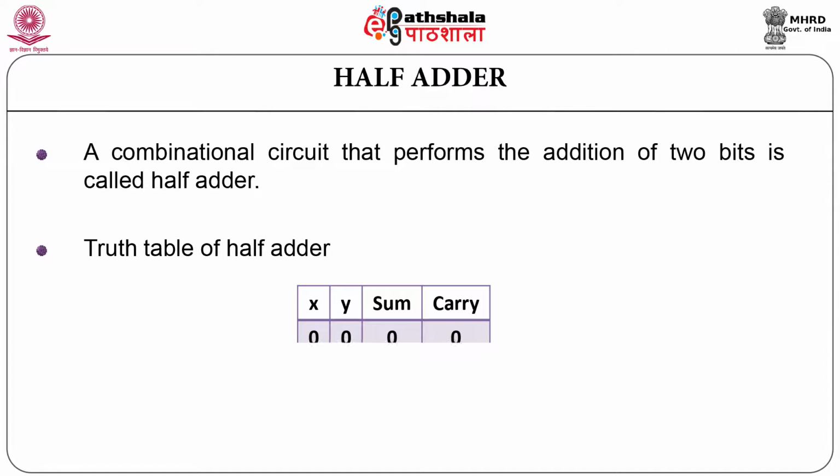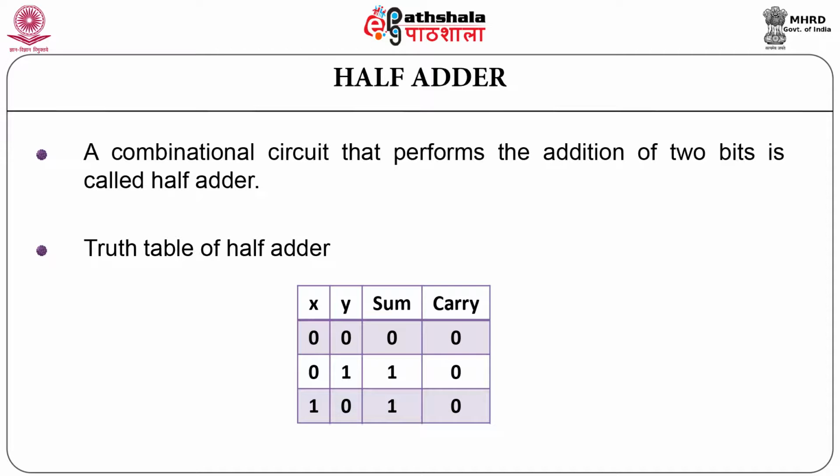If x and y are 0, 0, sum is 0, carry is 0. And as I said, if you want to add 0 and 1, commutatively also the result is 1. But if you want to add two bits which are ones, then the sum is 0 and the carry is 1. This is basically the truth table for the half adder.